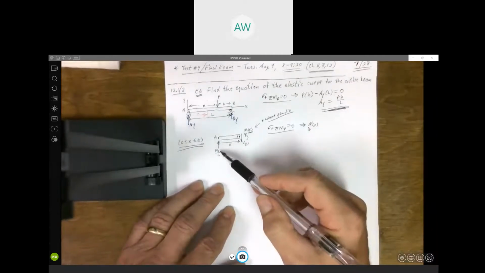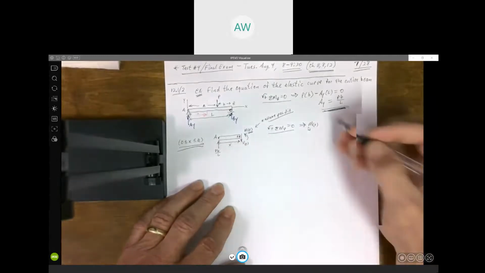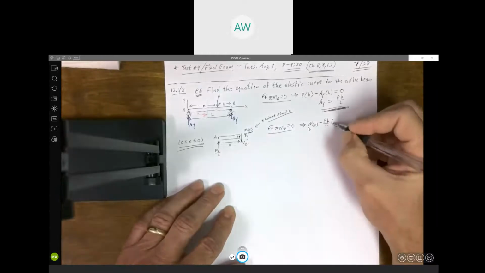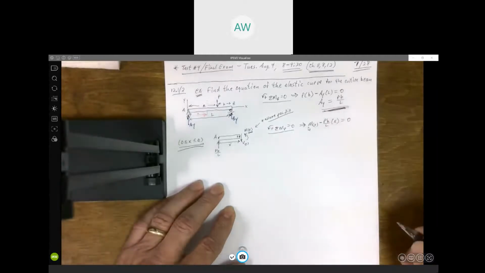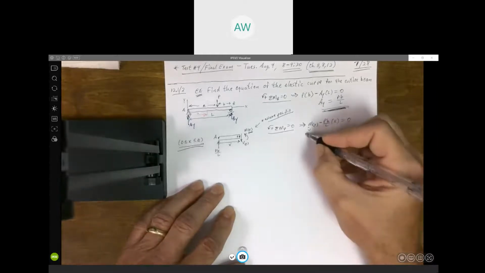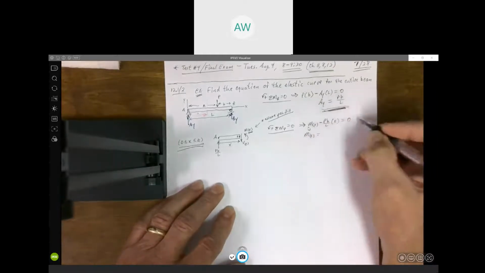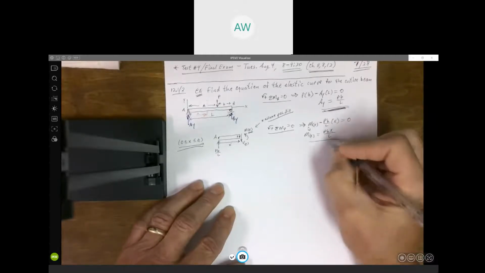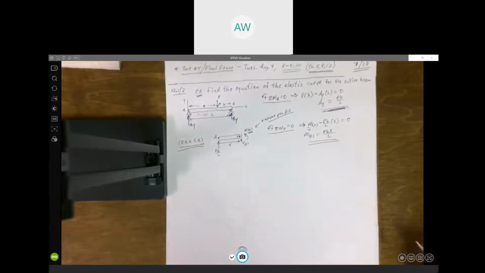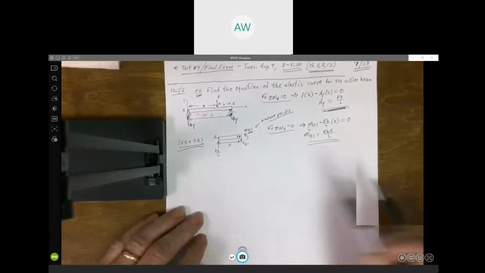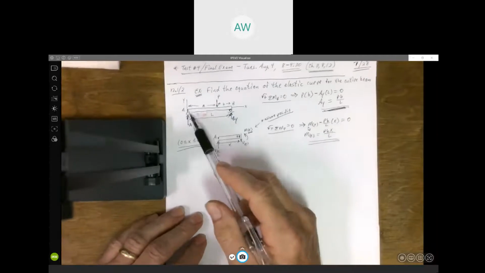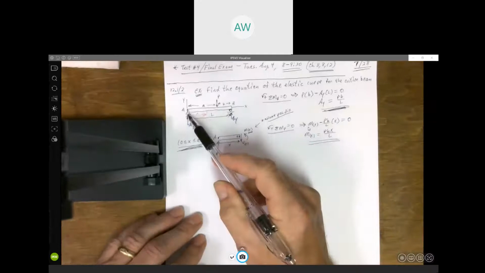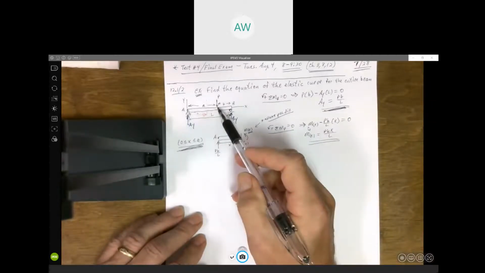And AY over here is causing a clockwise moment, so that'd be negative Pb over L times that distance x equals 0. And we solve for our moment. We move this to the other side, it becomes positive. So it's Pbx over L. So that's going to be the moment along this beam everywhere, from the left end when x is 0 all the way up to where x is equal to a.